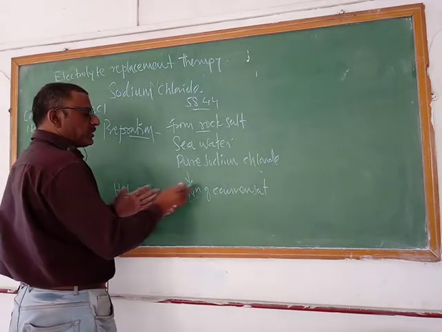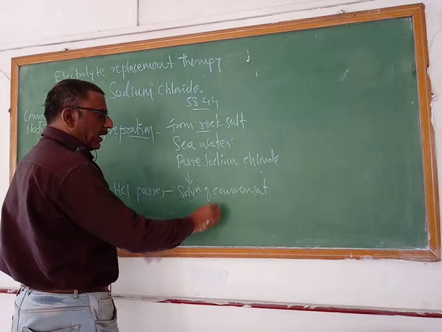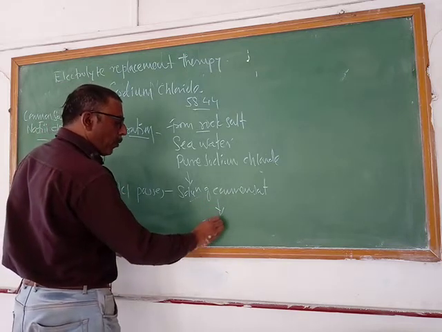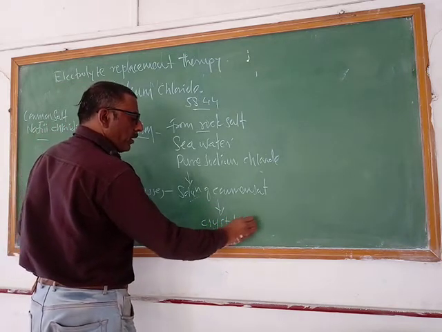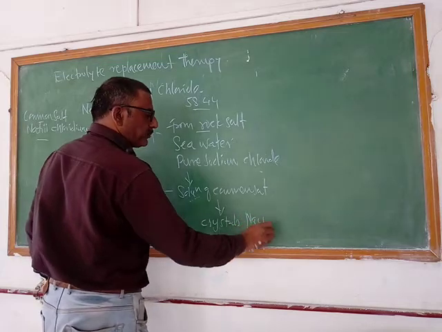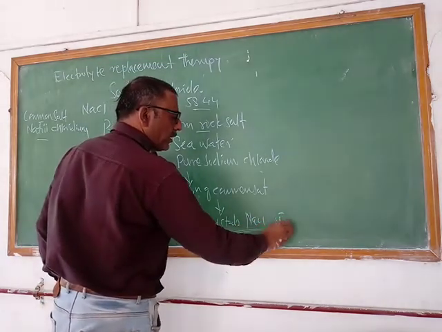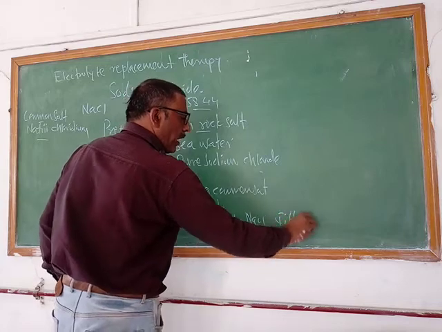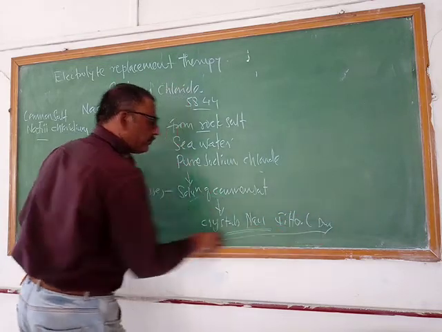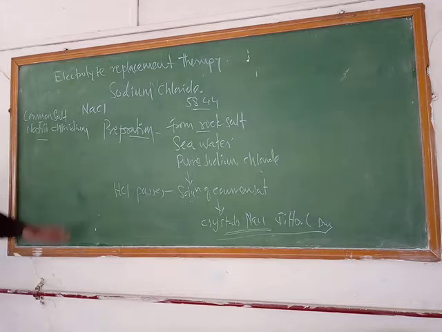The hydrochloric acid dissolves in water and the crystals of sodium chloride are obtained. Filter and dry. By this way, we have prepared sodium chloride. Next, its properties.